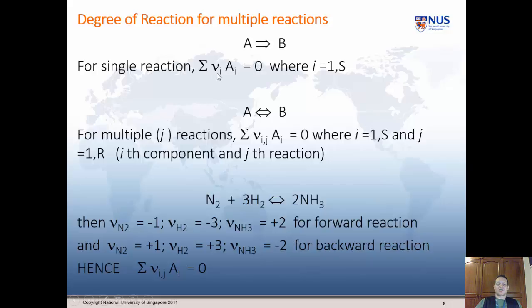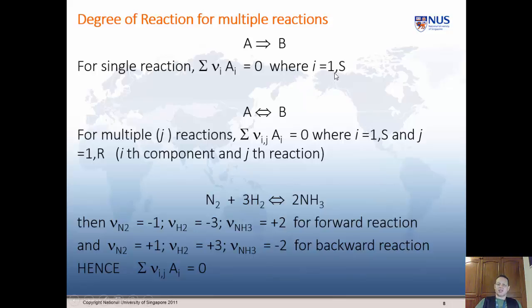So in this case, if i is equal to A, the coefficient is 1. If i is equal to B, the coefficient is -1. The sum of -1 and +1 is 0. And that is true for all single reactions.